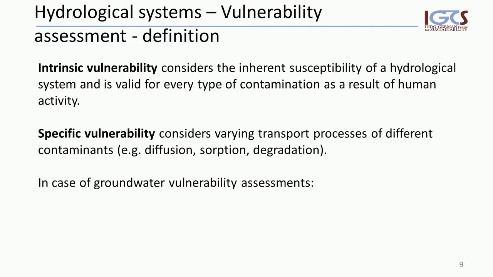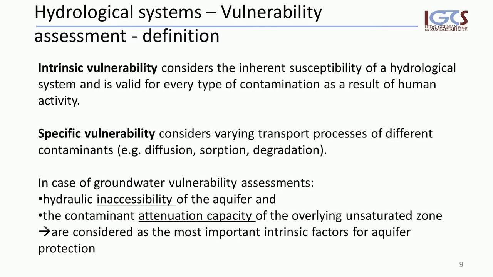Now, in the case of groundwater vulnerability assessments, we assess the hydraulic inaccessibility of the aquifer and the contaminant attenuation capacity of the overlying unsaturated zone. Those are the 2 factors which, if we narrow it down, characterize our vulnerability and are the most important intrinsic factors in finding options to protect our groundwater resources.